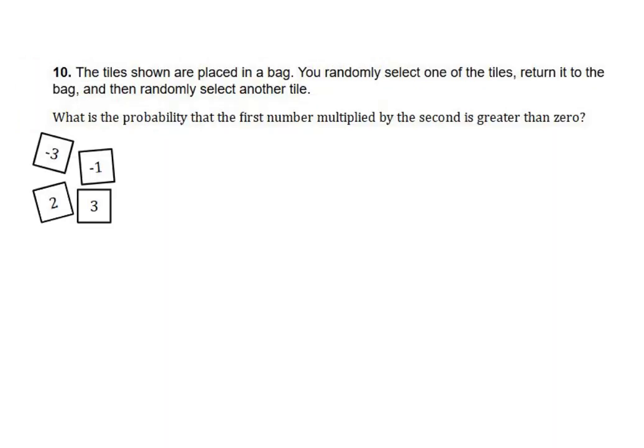For the last question of your study guide, number 10 says the tiles shown are placed in a bag, and you randomly select one of the tiles, return it to the bag, and then randomly select another tile. What's the probability that the first number multiplied by the second is greater than 0? So let's go -3, -1, 2, and 3.